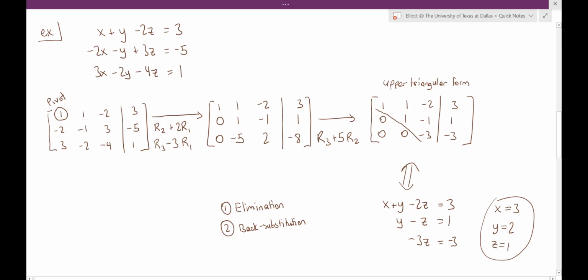So then over here, similarly, so this was the first pivot. Then what we did was we used this guy to eliminate the -5 beneath it. So then this guy would have been our second pivot.